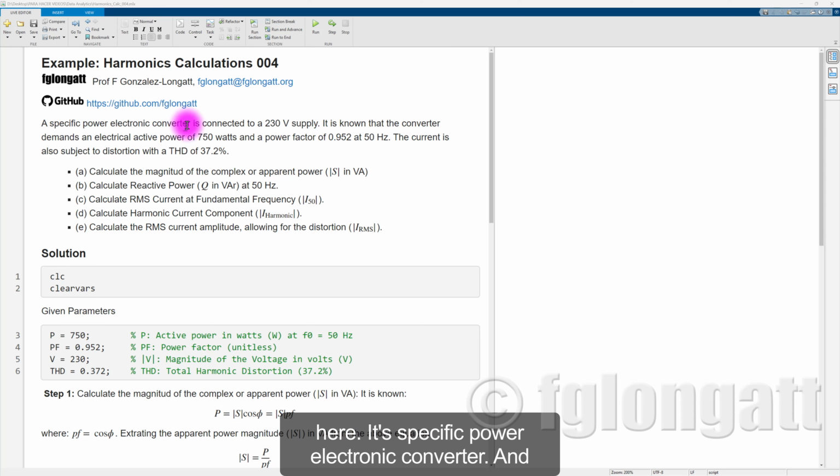A specific power electronic converter is connected to a 230 volts supply. It's known that the converter demands electrical active power of 750 watts and a power factor of 0.952 at a rated frequency of 50 hertz.